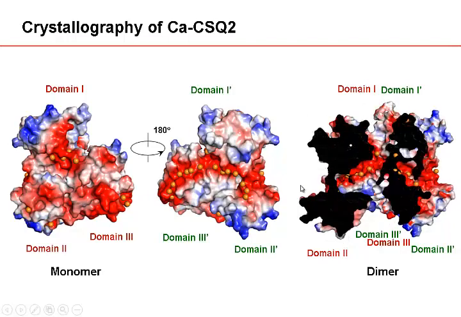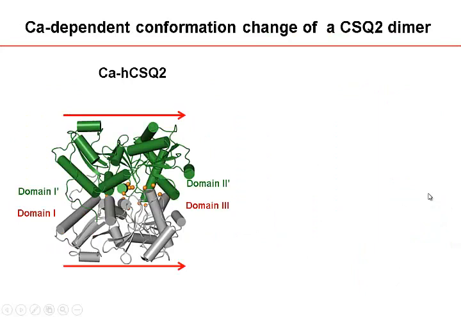In the cut open view of a CSQ2 dimer, this negatively charged groove appeared as a channel-like structure across a CSQ2 dimer. From the side view of a calcium-bound CSQ2 dimer, the channel-like structure was formed when two monomers bind in parallel with each other.